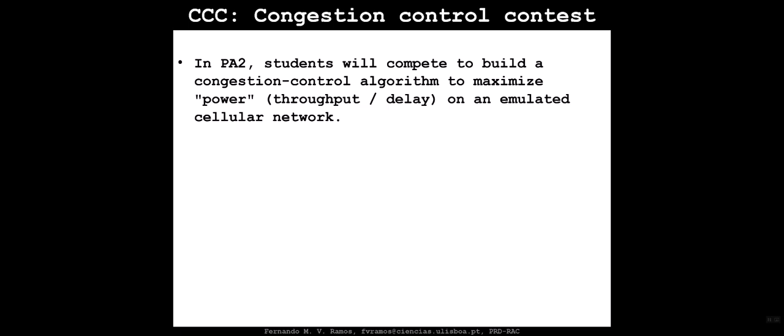So the idea of the next programming assignment is for students to compete to build the best congestion control algorithm they can to maximize a certain metric, which I call power, which is basically throughput over delay. The goal is to maximize throughput and minimize delay on a specific emulated cellular network.